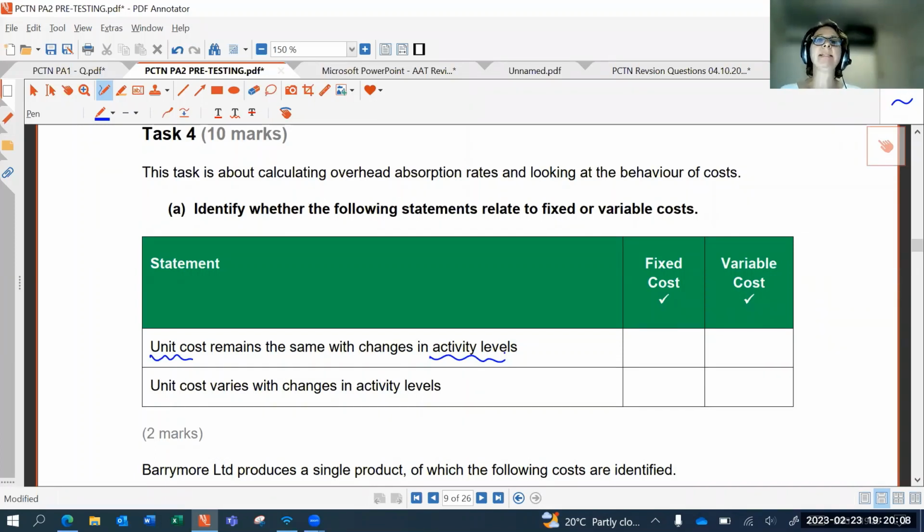So if I was pricing up, let's say, a Principles of Costing course, as an example, I'm looking for the cost of a unit that will stay the same even if the activity changes. So what sort of costs on my course might stay the same even if I get 10 bookings instead of just 5?